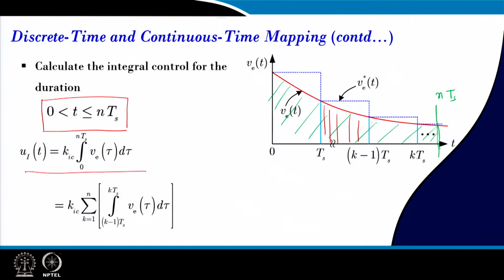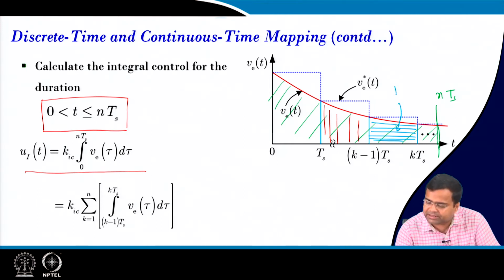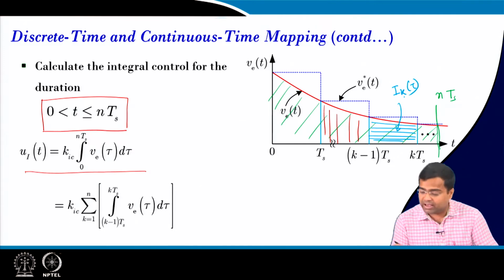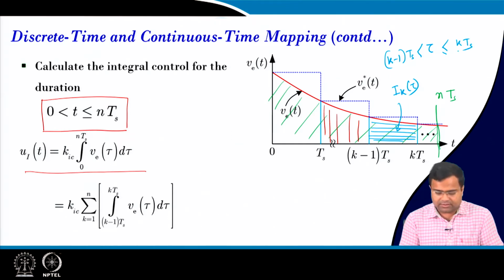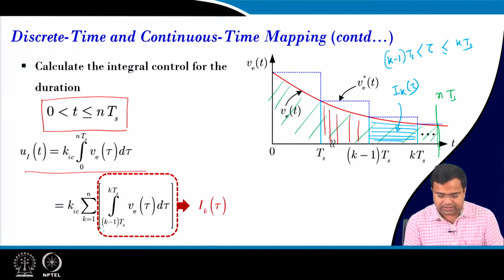So, this particular segment we are talking about, we want to get. What is this segment's integration? We are representing it as i_k of tau, where tau is varying from (k minus 1)Ts to kTs, and this is exactly what we represent as i_k.